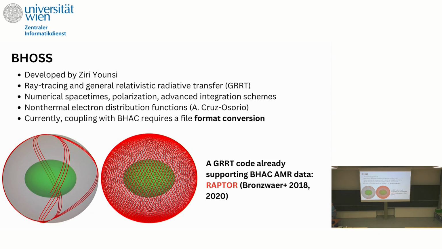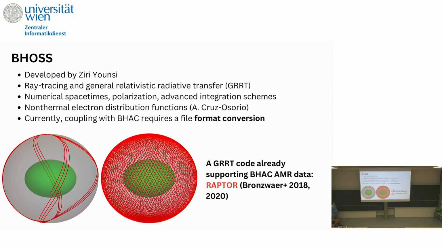BHOSS is a code that has been developed by Sirius Jonsey. It has ray tracing and general relativistic polarized radiative transfer. It has already been used to simulate ray tracing on numerical spacetimes, which is very useful.